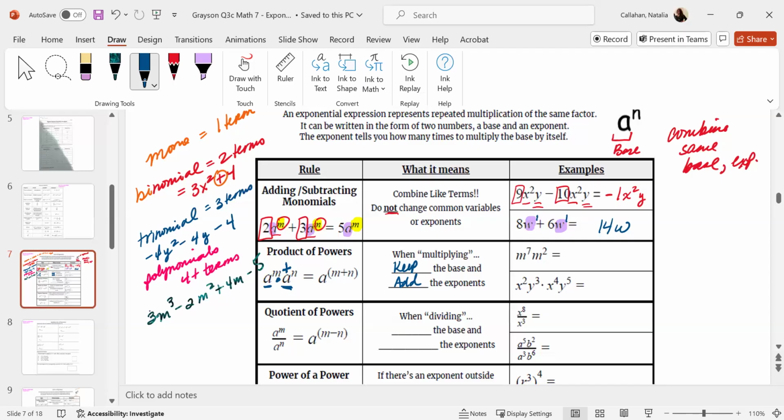So here you add them and the 9. Here you add the 2 and the 4 together. Yeah. The 3 and the 5 together. You kind of remember this? A little bit. Okay.